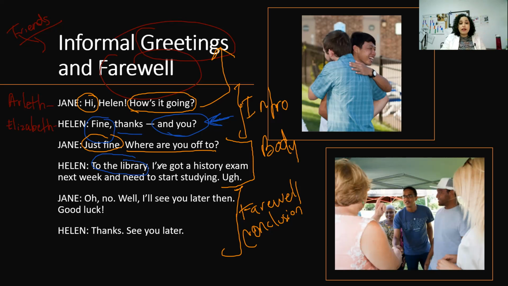I've got a history exam next week and need to start studying. And with this, we have an expression telling us maybe it's not a good time. That's why the answer from Jane is, oh no, well, see you later. So that was the indication to start saying bye.